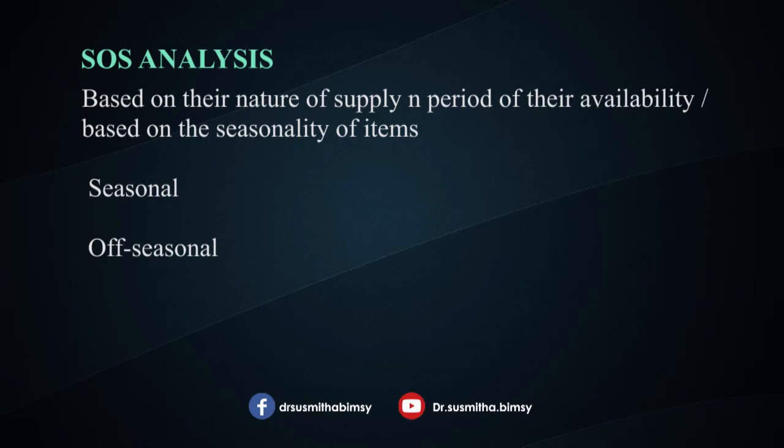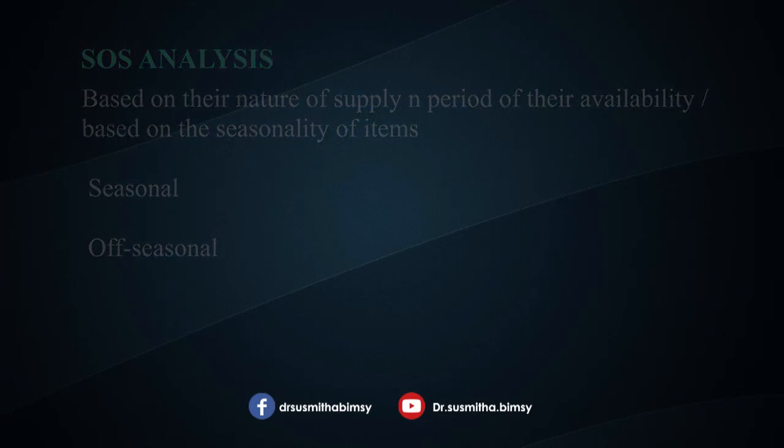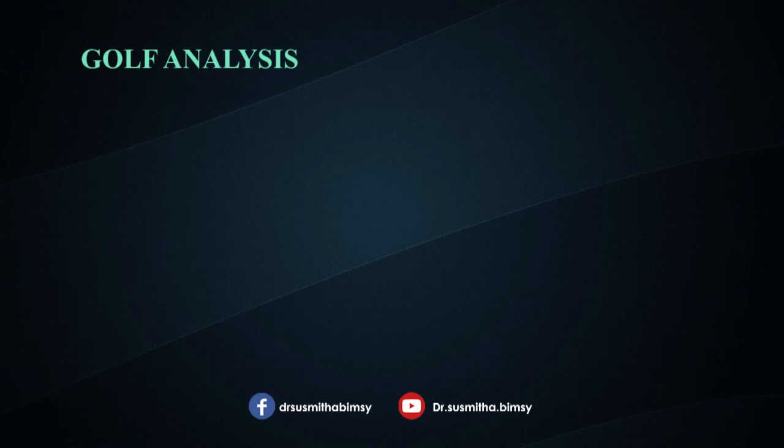Here the benefit to sellers is that they can buy seasonal items at lower prices, keep inventory and sell them at a high price during off-season. Mostly raw materials, especially agricultural inputs, are generally classified as seasonal and off-seasonal. Next kind of analysis is GOLF. It's another kind of analysis tool.